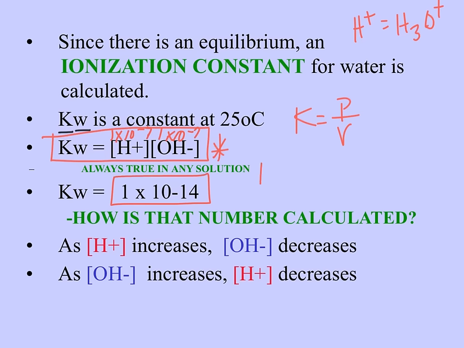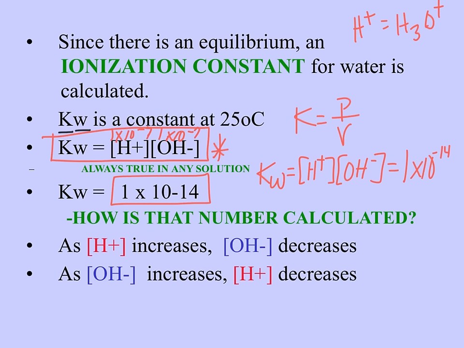All right, so basically that Kw equation is H plus times OH minus, and that will always equal 1 times 10 to the negative 14. And in the next slide, we'll practice using that equation because you have some problems involving that on your worksheet.